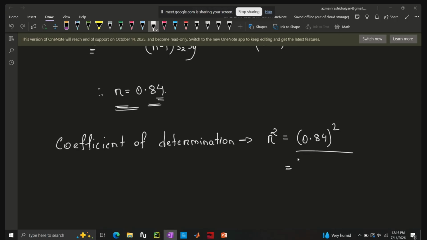Someone please tell me what's the value of 0.84 squared? 0.7056. Let's write it as 0.70. So our coefficient of determination, R square, equals 0.70, which means 70% if I convert it to percentage.